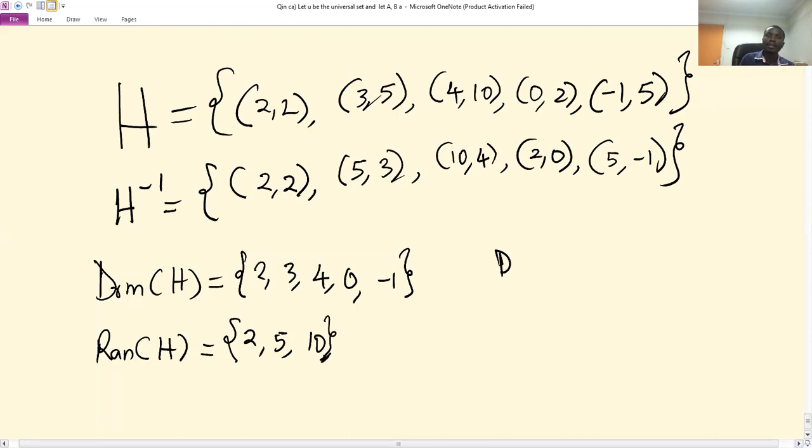And domain of the inverse relation is the set of the first elements. So we have 2, 5, and then 10. 2 has already been written, 5 has already been written. So this is the set.